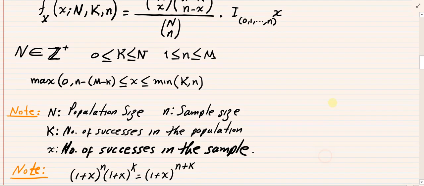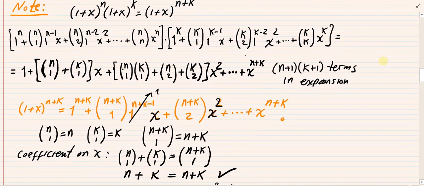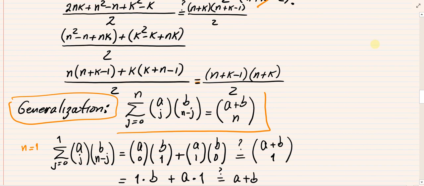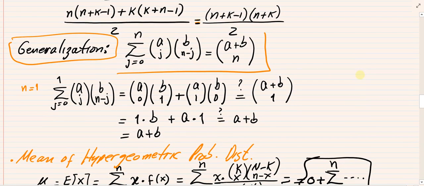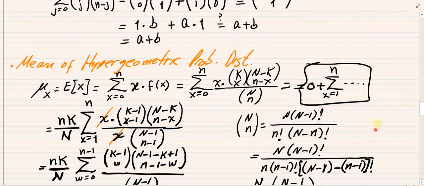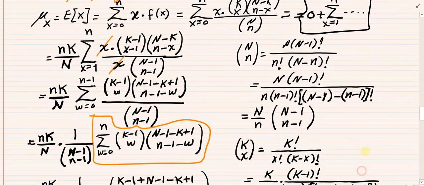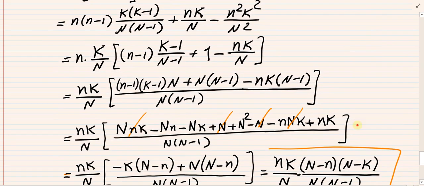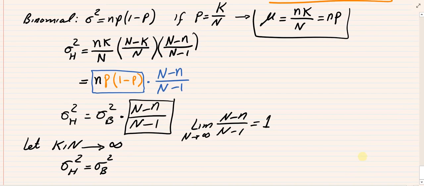Wrote the probability distribution, and this was a very important observation we made in order to arrive at the formula for the mean and ultimately the variance of a hypergeometric distribution. And with that, we are done with this lecture.